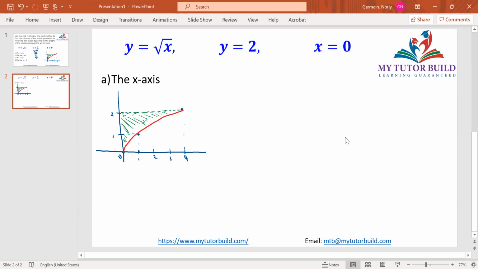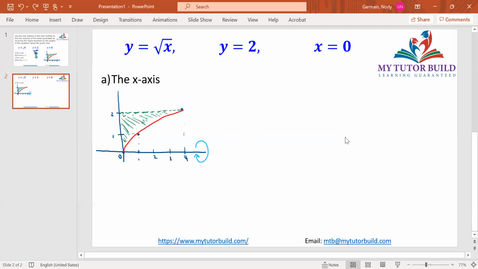All right. Now, looking at these questions, this is the x-axis. They said it should be revolved around the x-axis. And looking at this graph, because x is 0, it would make it much more difficult for us if we use the disk method here. Because if you use the disk method, you would have the rectangle perpendicular to the x-axis, which won't work here.